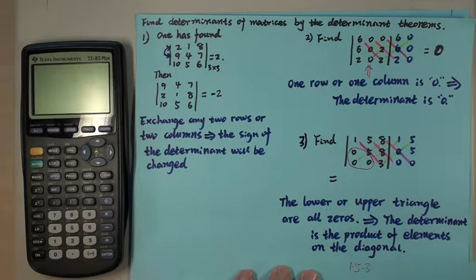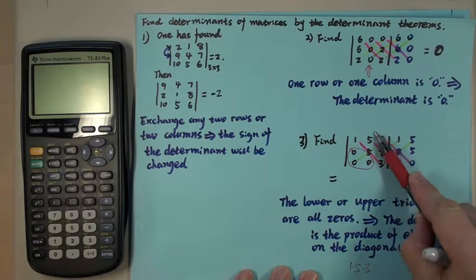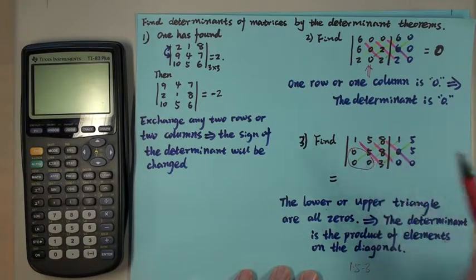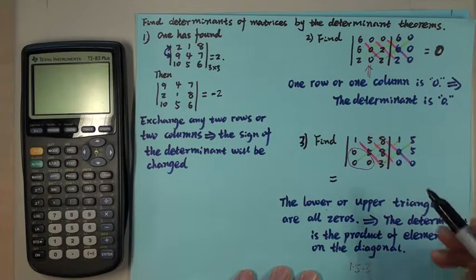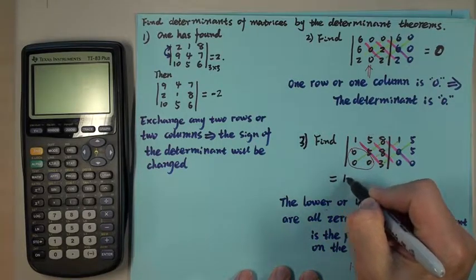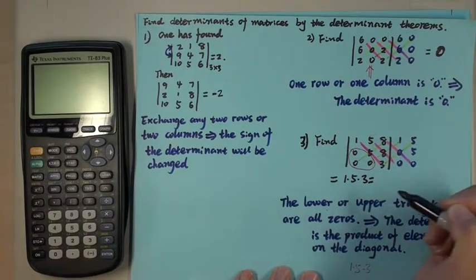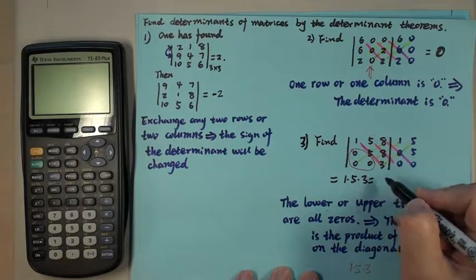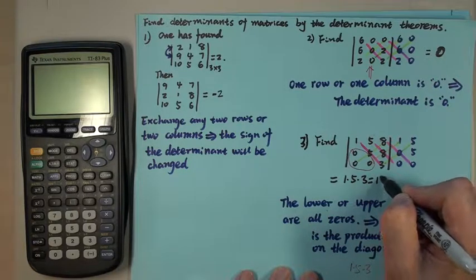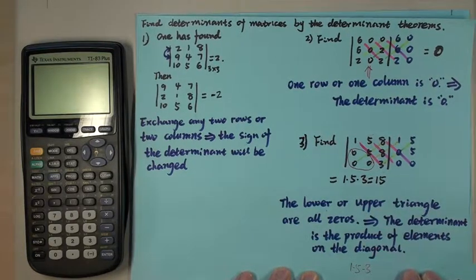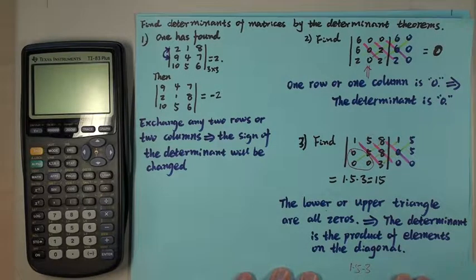Here we have a lower triangle of zeros, so it's 1, 5, 3. 1 times 5 times 3, that's 15. This one looks like an easy one. Please review this lecture. I'll see you next time.